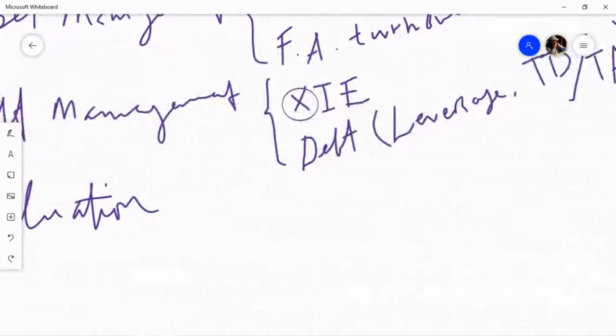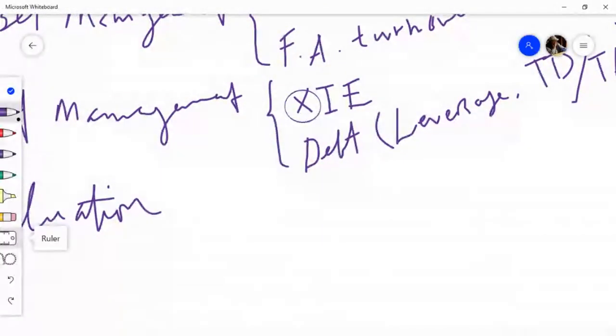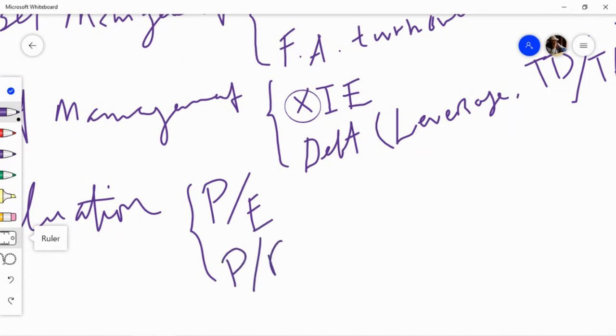And in valuation ratio, right? Market valuation ratio, it's two things. Price earnings ratio and market price to book value ratio. Okay.